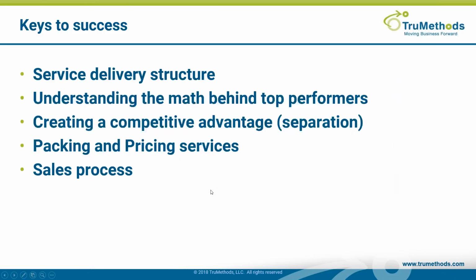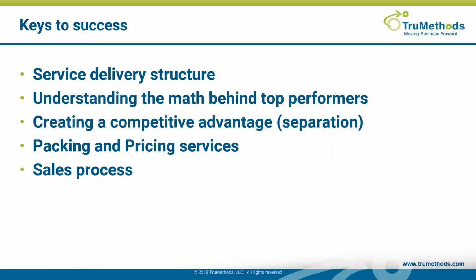And here are some of the keys. Bob, we start with that first one, service delivery structure. People wouldn't think we would start there, but I think they're going to learn that through this course. That's number one. You have to have well-defined roles. You have to have a structure for delivery so you can consistently provide value to your clients. And that word consistent is really important.